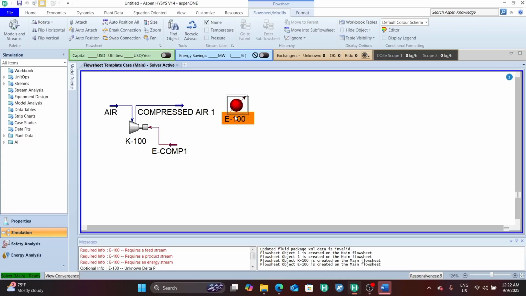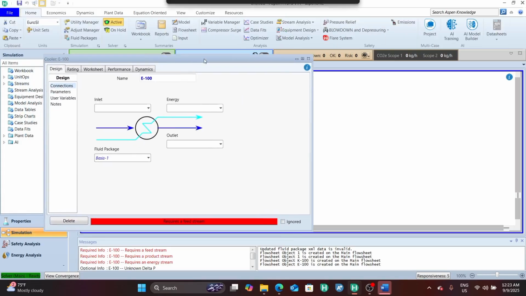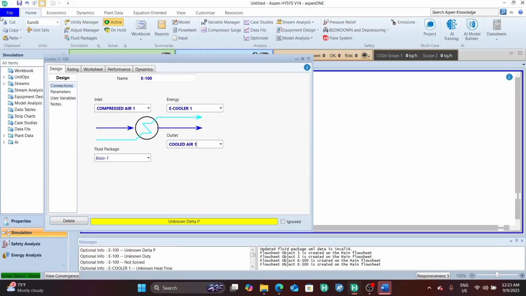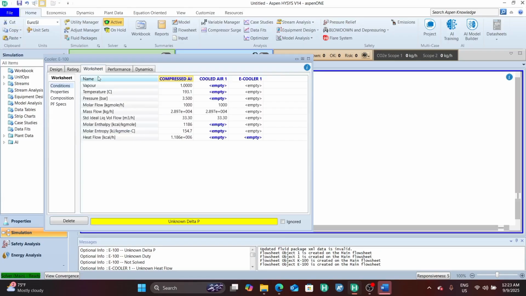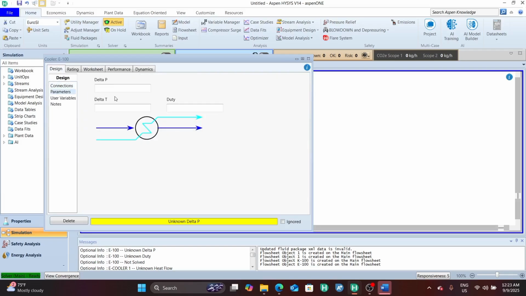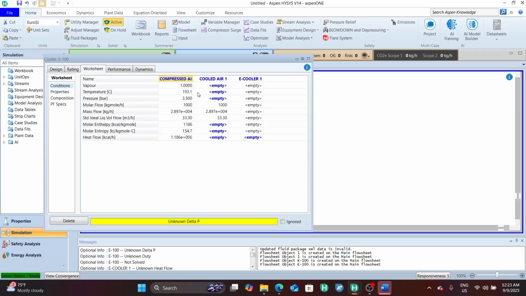So ordinarily, you use a heat exchanger, or most commonly a refrigeration cycle, but we're just going to be using a cooler to carry out the cooling. We're going to call this E cooler 1. The outlet, we're going to call this cold air 1. Then we're going to give it a change in pressure, which should be specified.